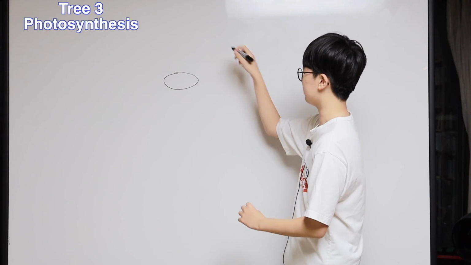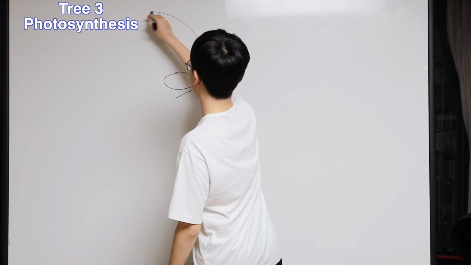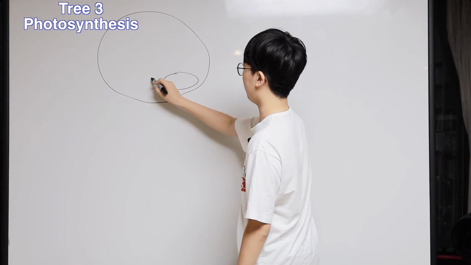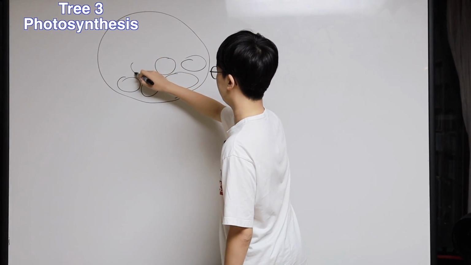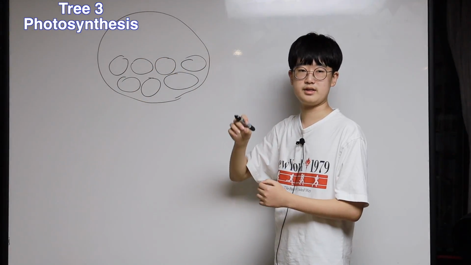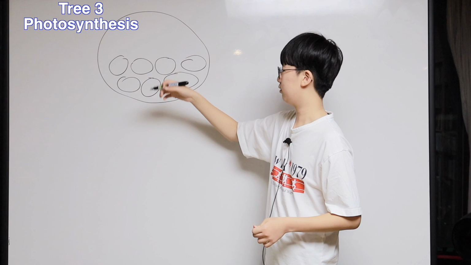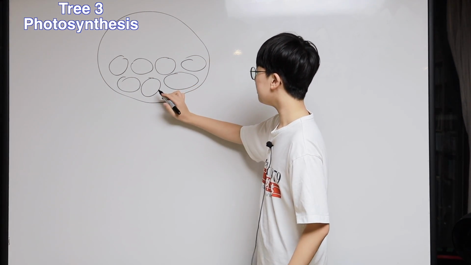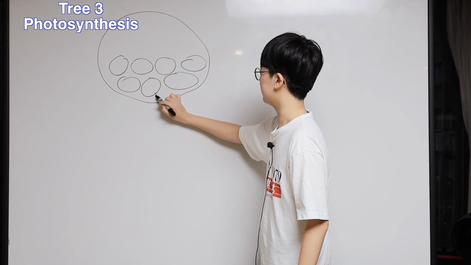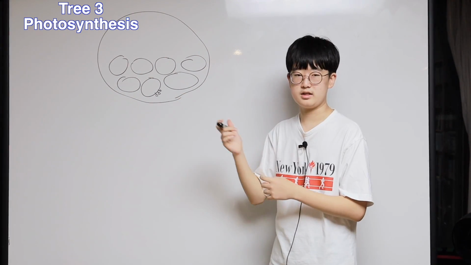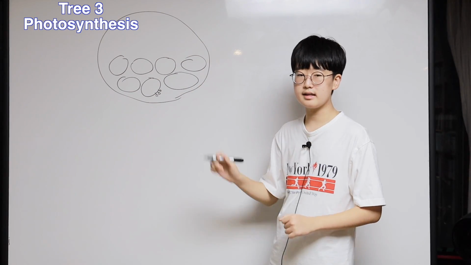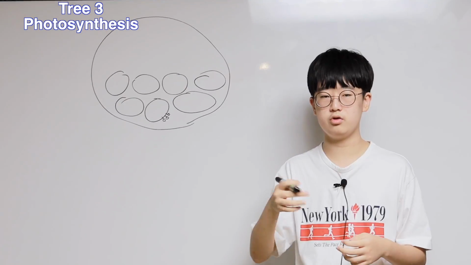Inside the chloroplast there are more blobs called thylakoids. The thylakoids fill the chloroplasts, and on top of the thylakoids, you can see little frying pan thingies. It's more like a net, and that is called chlorophyll.